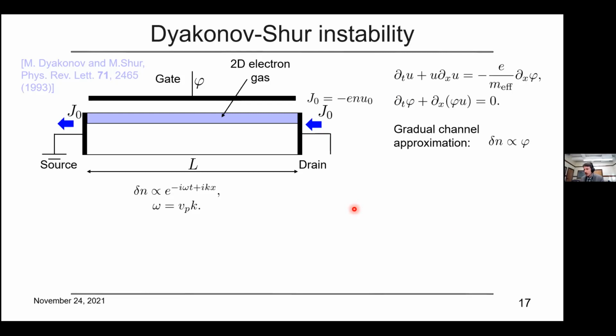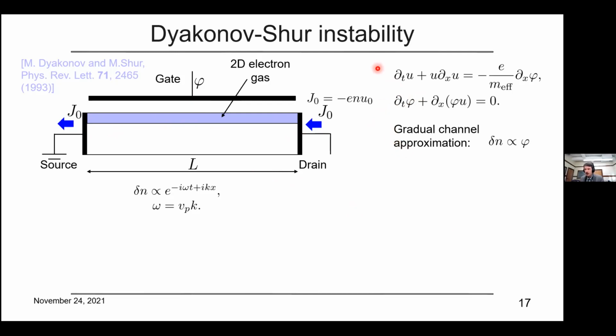for plasmons. They used a two-dimensional electron gas, as you can see here, which was subject to a gate and applied rather non-trivial boundary conditions for this electron gas. They also used the hydrodynamic approximation and gradual channel approximation.